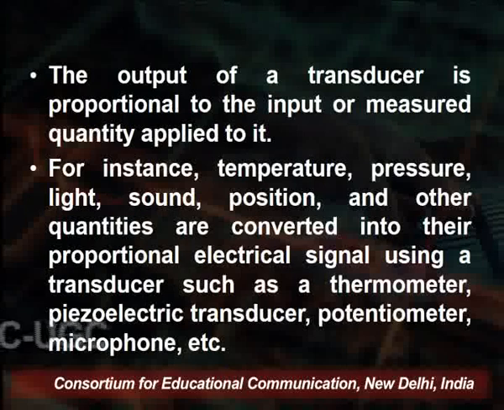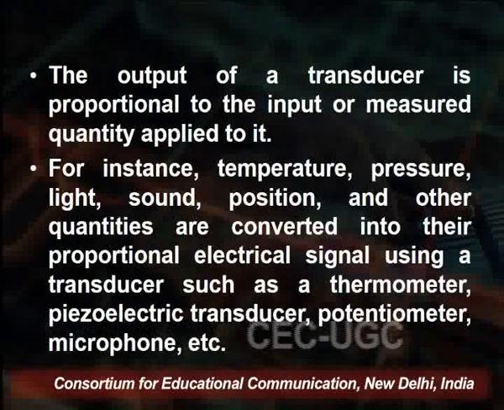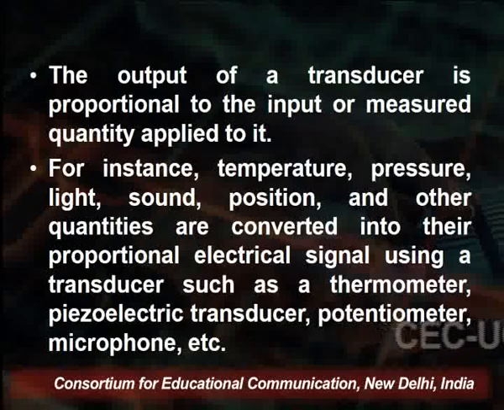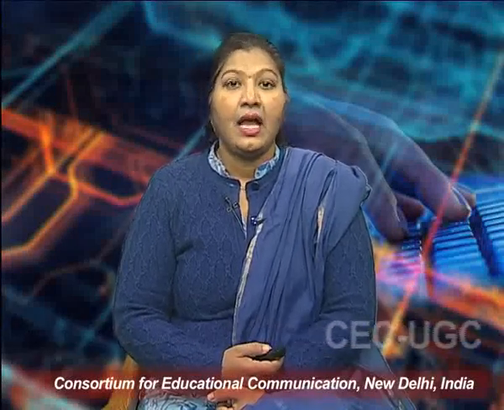It means we give a certain amount of input and we get the output in the proportion required. For instance, temperature, pressure, light, sound, position and other quantities are converted into their proportional electrical signals, and for that we use transducers.